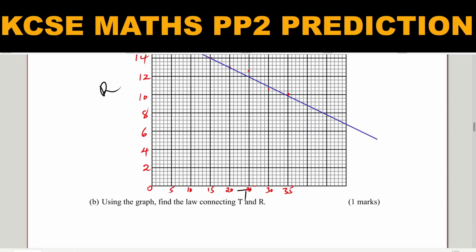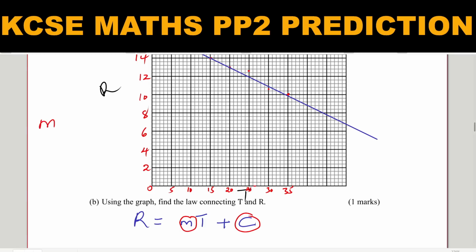The equation will be R is equal to M T plus C. What you're interested in is the gradient, and then we have the y-intercept. That is what you're supposed to get. So let me get the gradient.